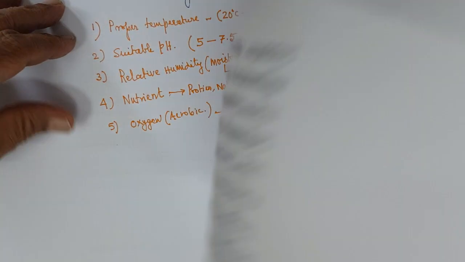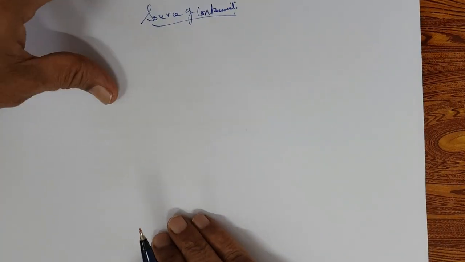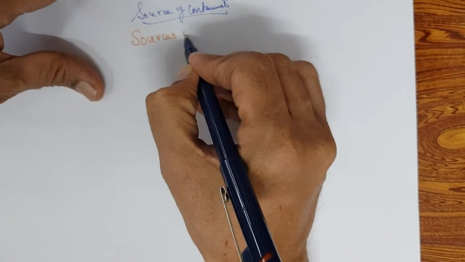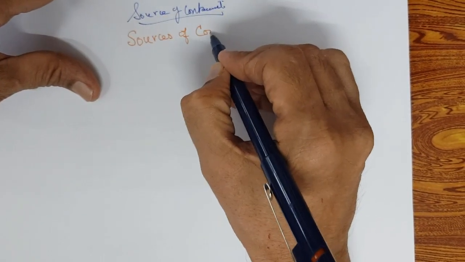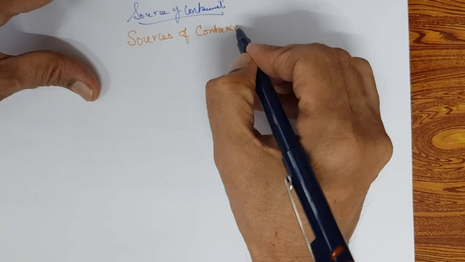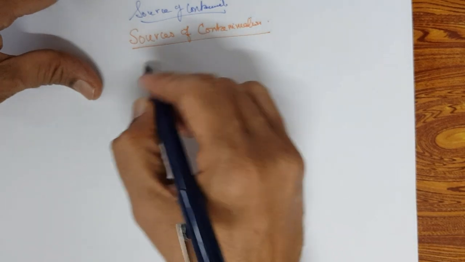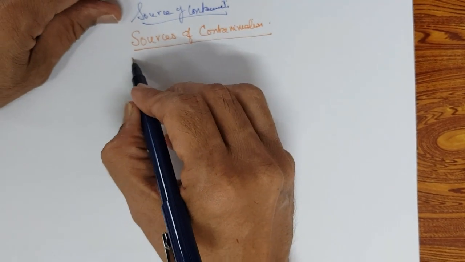Now, what are the sources of microbial contamination? It can be water.